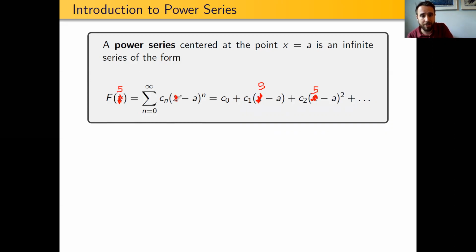It would really be an expression that looks like this, assuming that a is a constant, and these c's are themselves constants. So c sub 0 is a number, c sub 1 is a number, c sub 2 is a number, and so on. What I have here is nothing more than a series. And so we now have experience with series.